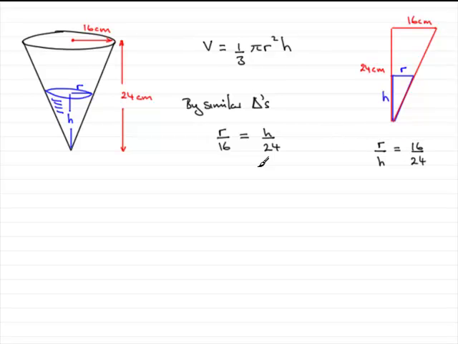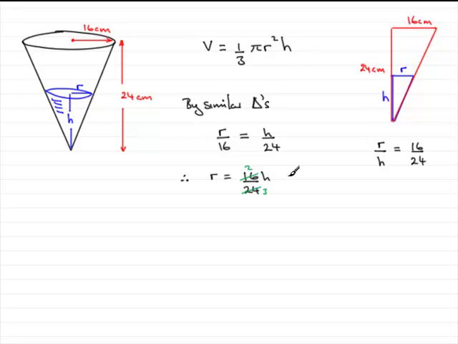Let's take this equation: if you were to multiply by 16 to both sides, r would equal 16 over 24 times h. And 16/24 you can divide top and bottom by 8, that goes 2 and that goes 3, 2/3. r is 2/3 h. You get exactly the same result from this equation.